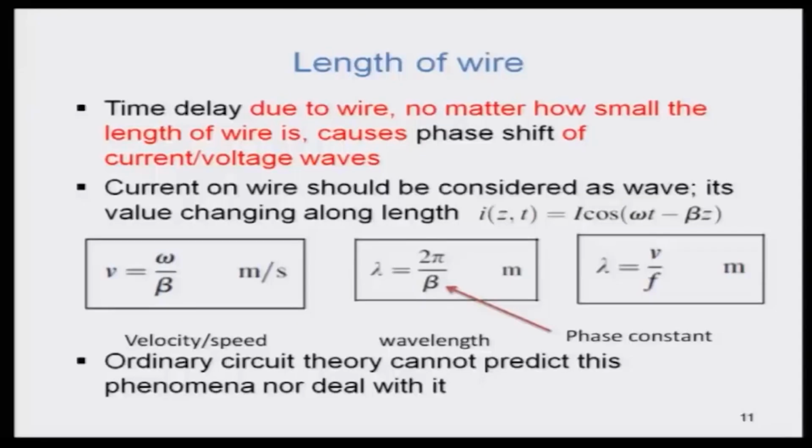So, we have to consider the time delay, because the current on the wire is not independent of distance, but is a function of the length of the wire. If you take the direction of the wire as the z axis, then the voltage at any point on the wire would be a delayed version of the voltage at the beginning.